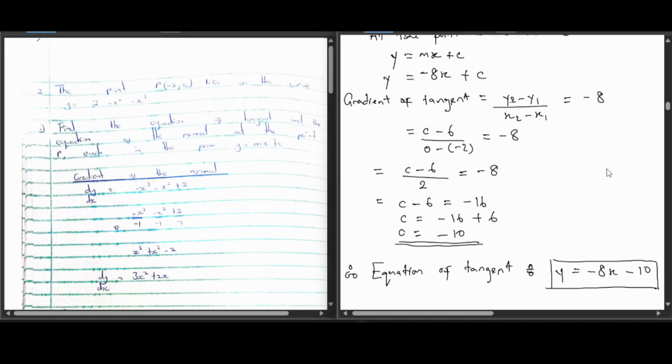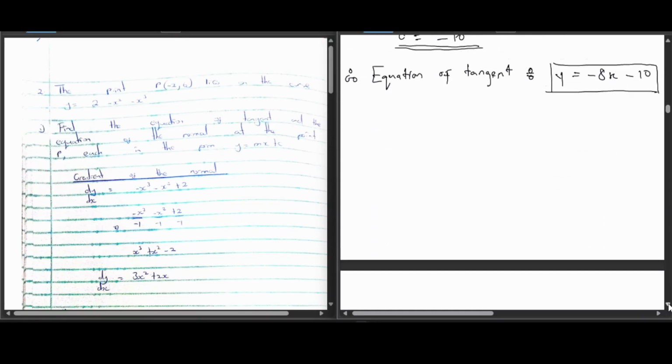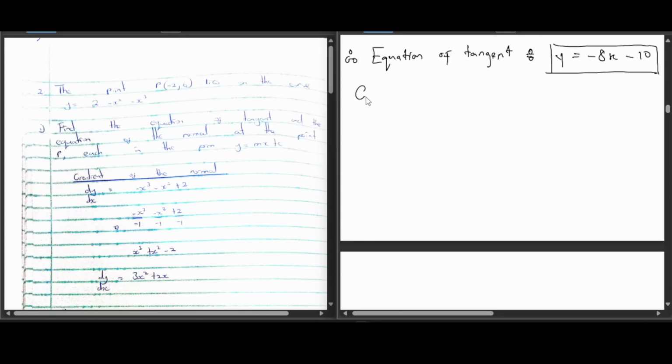Okay. So, this having been done, let us now compute the equation of the normal. We consider the c of the normal. So for the normal we do our diagram again.